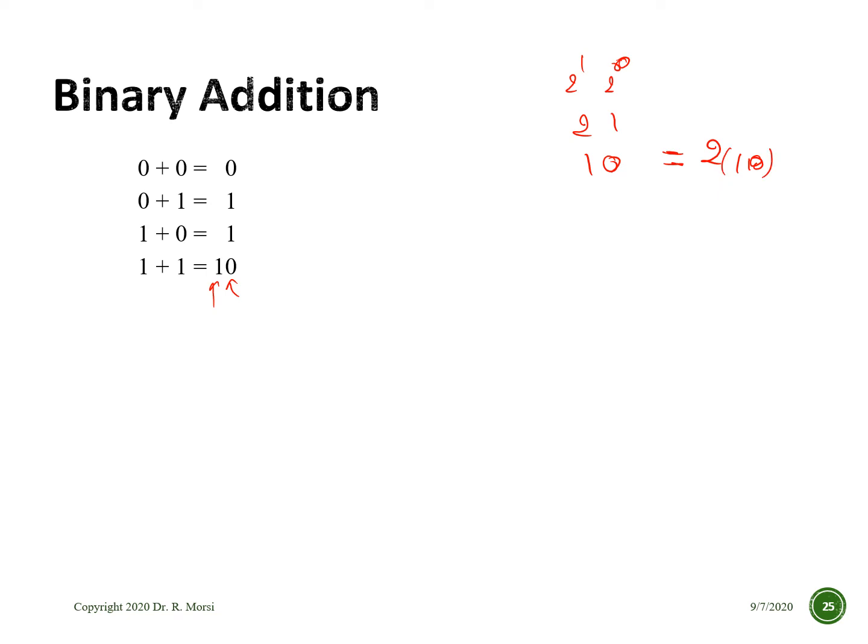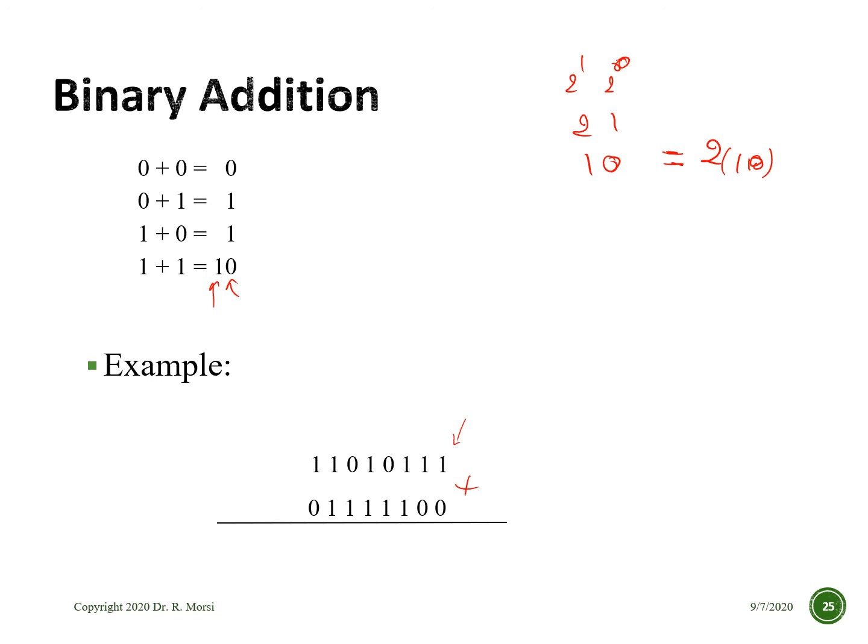Okay. So now let's try and do an example of addition. If I add these two together, the first column right here, 1 plus 0 is a 1. The next column, 1 plus 0 is a 1.